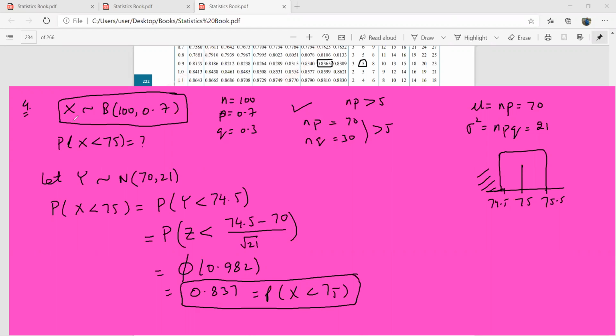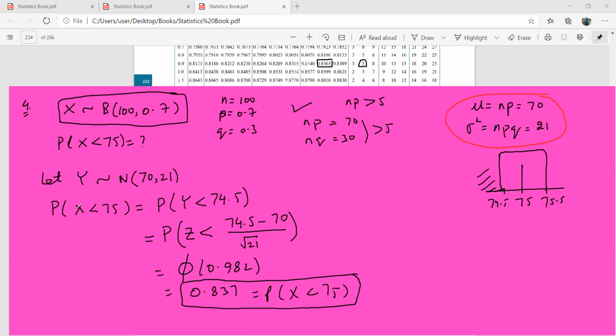So this was the question from the binomial distribution. We had to find the probability that X is less than 75. Then we assume there is a normal distribution which has a mean 70 and variance 21. You use these two formulas to find the mean and the variance.